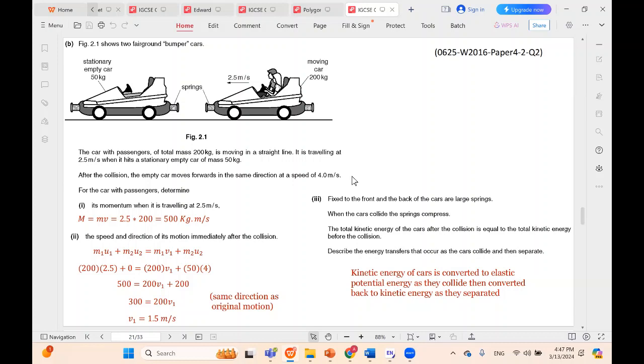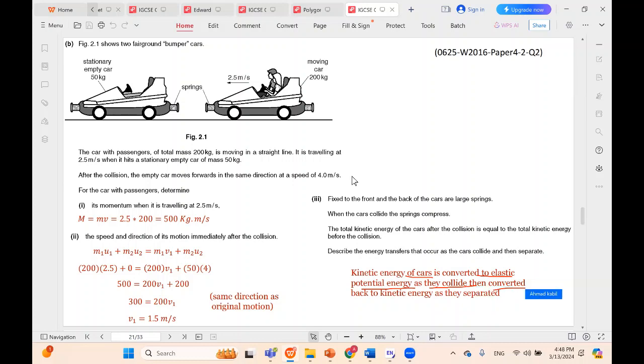In triple I, we are told fixed to the front and back of the cars are large springs. When the cars collide, the springs compress. The total kinetic energy before is equal to the total kinetic energy after. Describe the energy transfers that occur as the cars collide and then separate. So the kinetic energy of the cars is converted to elastic potential energy as the cars collide and the springs compress.